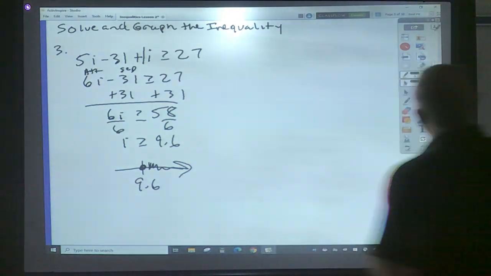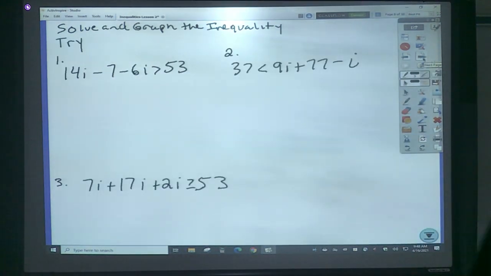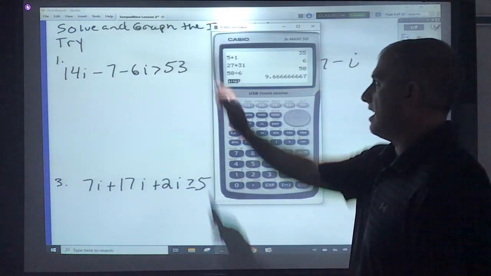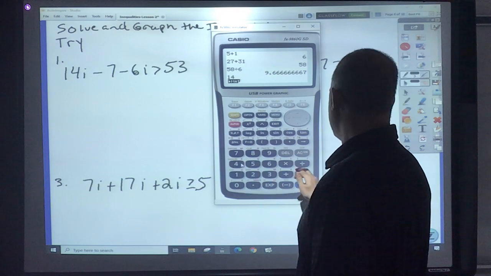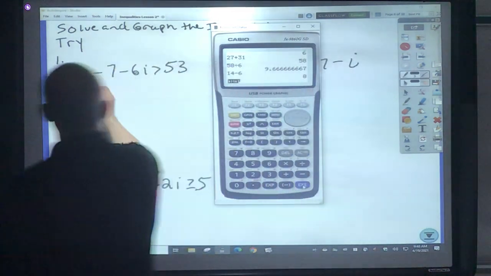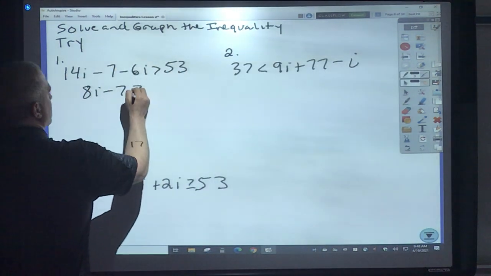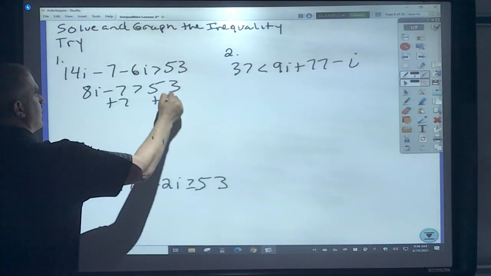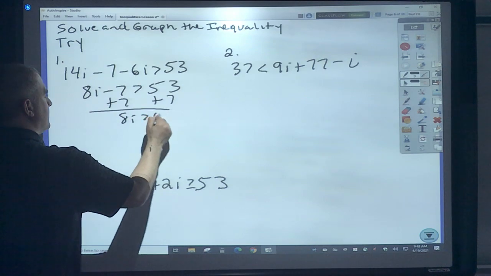Okay? So what I would like you guys to do, I'd like you to pause your video and go ahead and work on these. Okay? So once again, I got same side here. So 14 minus 6. All right, I got 8i minus 7 greater than 53. Okay, I would add 7. That's 8i is greater than 60.